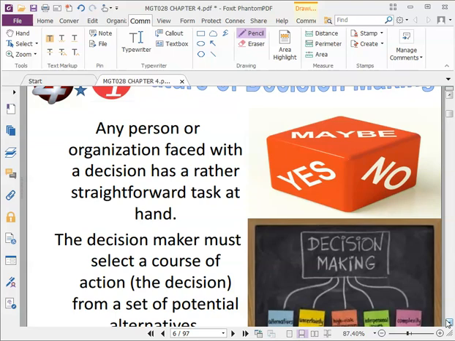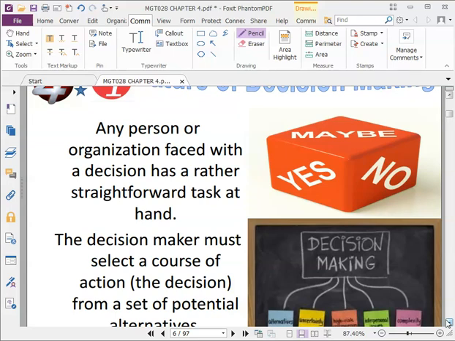Sama juga kalau bukan dalam sebuah organisasi, untuk diri sendiri kita. Kita sendiri pun seharian will always face situations where you need to make a decision.